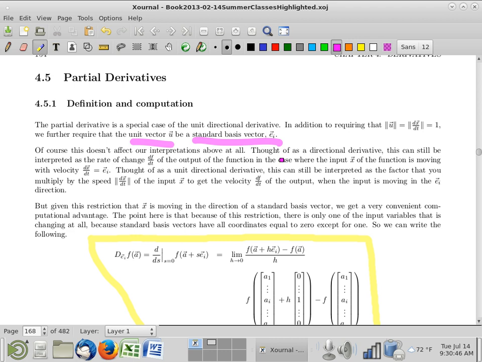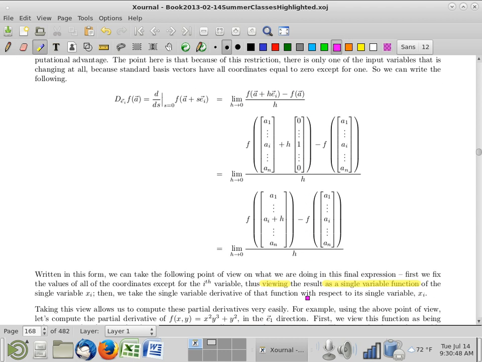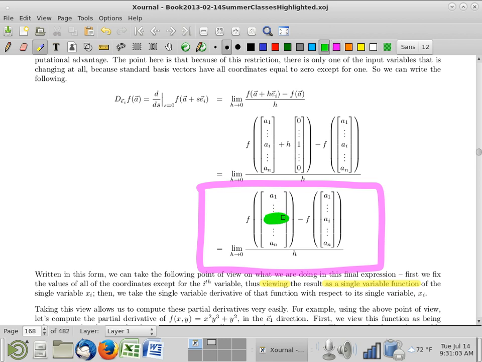And we went through a calculation last time as to what the punchline is, and the punchline is that you're taking what is really going to behave a lot like a single variable derivative. That looks just like the definition of a single variable derivative, where, in fact, there's really only one of the variables that's even changing at all. Most of the variables are not changing. They're just fixed. They just stay there.